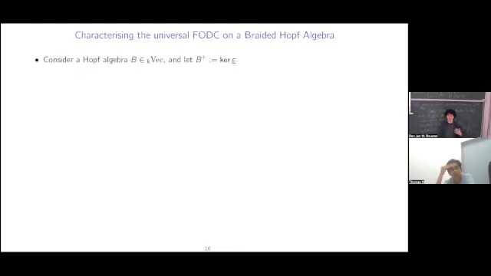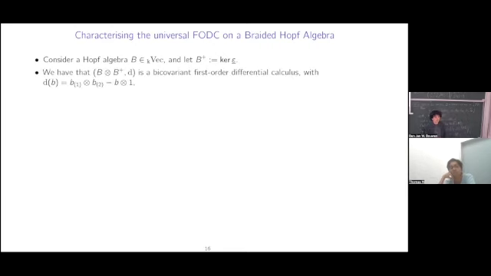We want to characterize a little bit the universal first-order differential calculus on a braided Hopf algebra. Let's see what happens. So if we consider a Hopf algebra B in the category of vector spaces and we fix B^+ to be the kernel of the counit, then we can construct very explicitly a bicovariant first-order differential calculus on this tensor product, with this very explicit form for the differential that is basically given in terms of the coproduct.